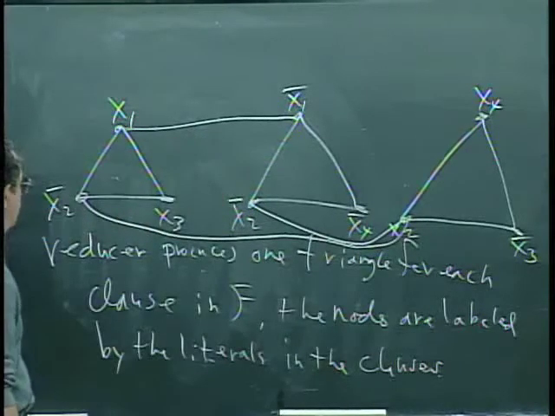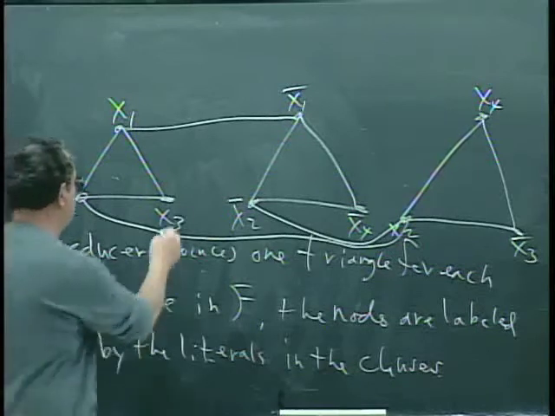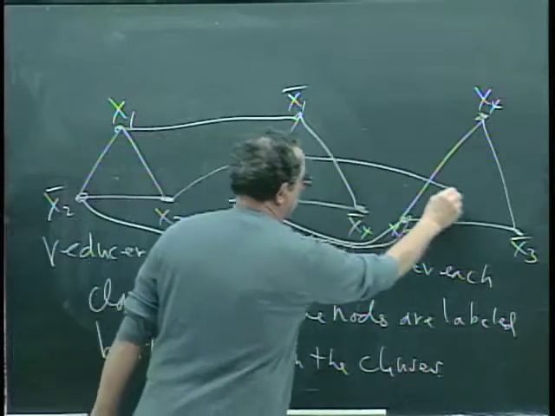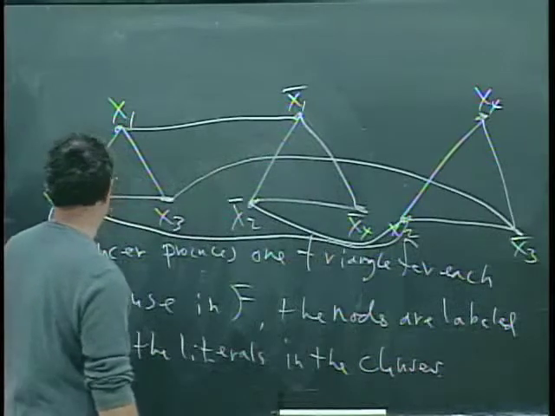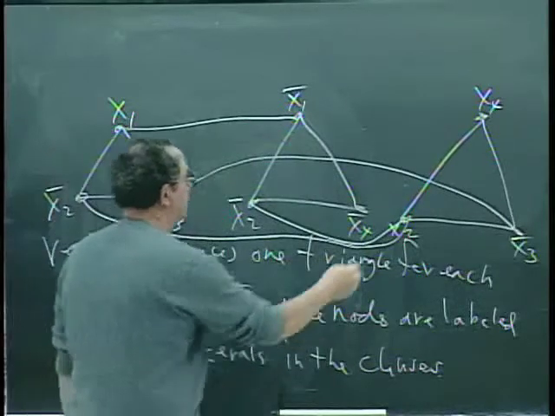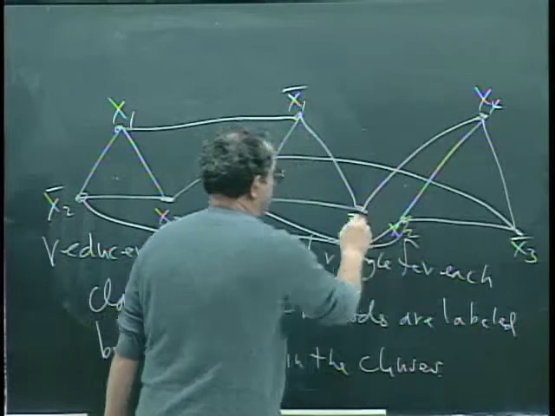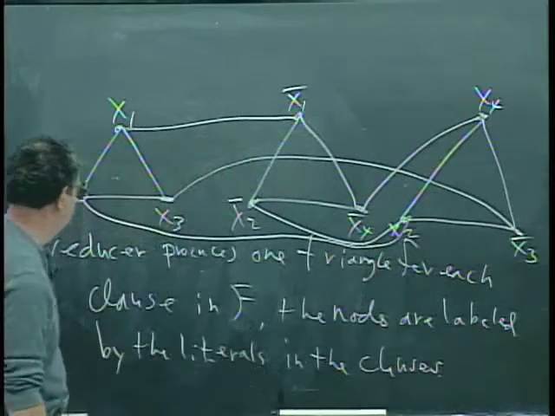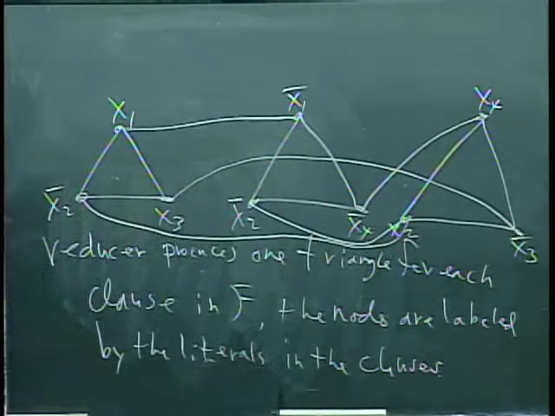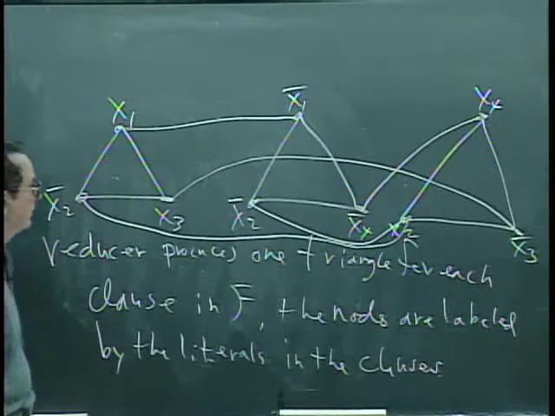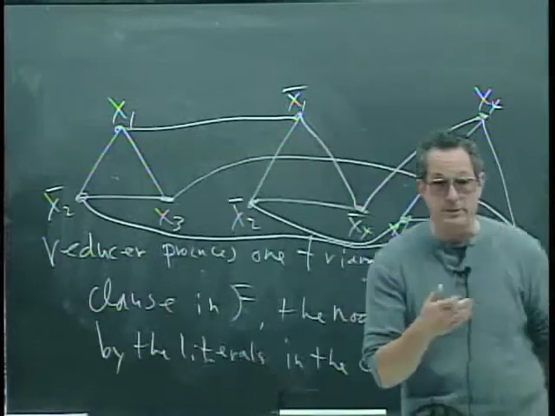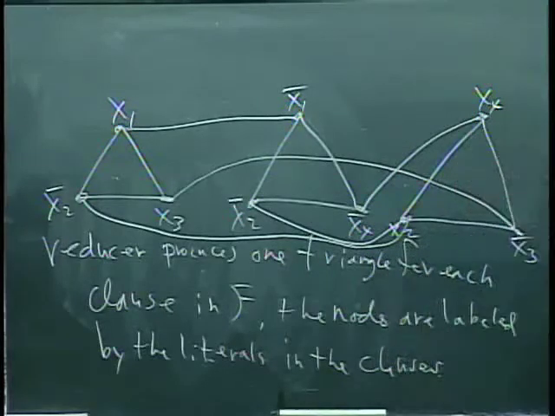And x3 and x3 bar, I guess I can go through here. x3 and x3 bar, and x4 and x4 bar. Did I miss any? So there's an edge between any pair of nodes that are labeled with complementary literals. That is, literals with the opposite sign. One is a not and one is not a not.